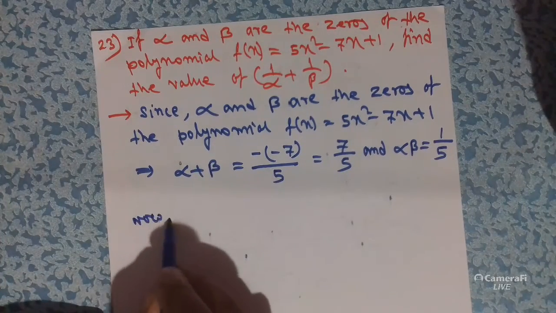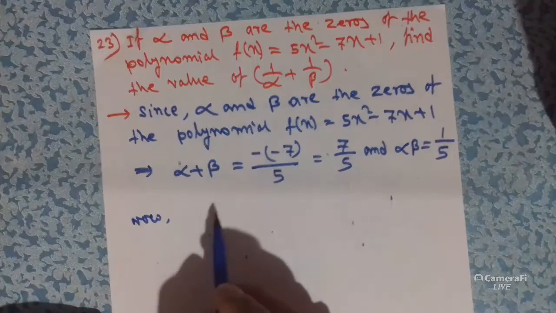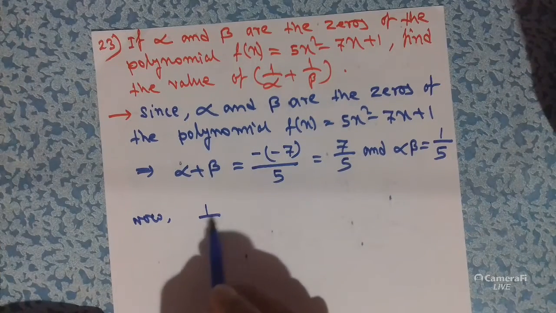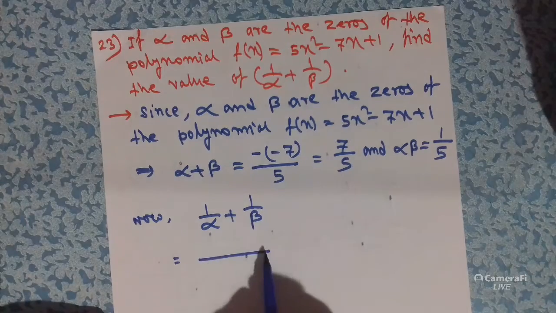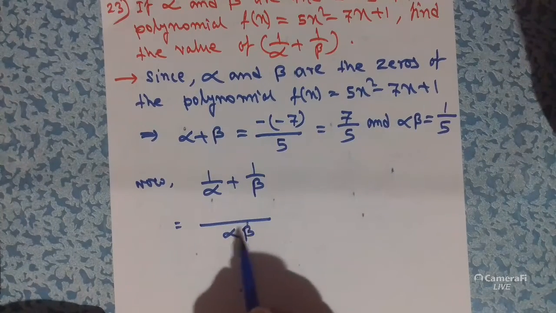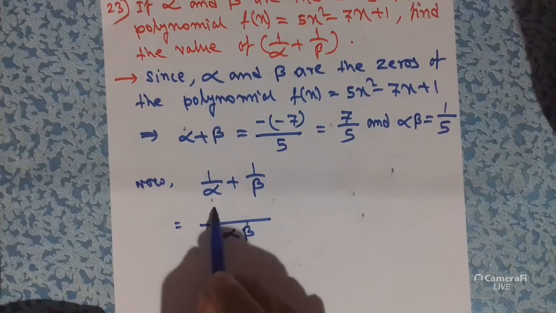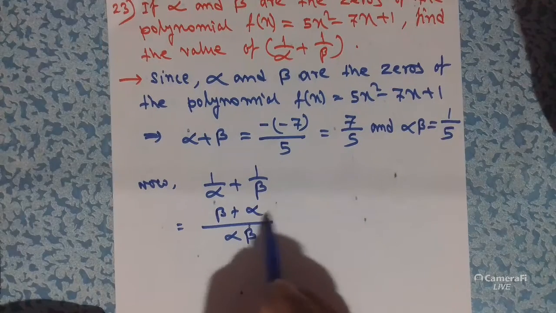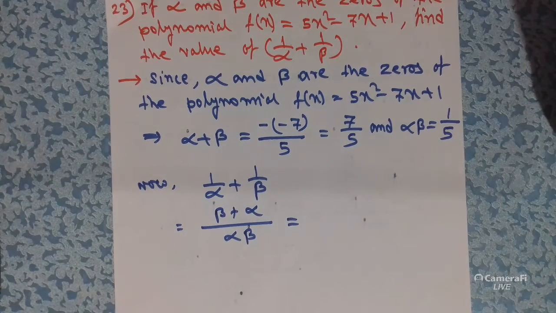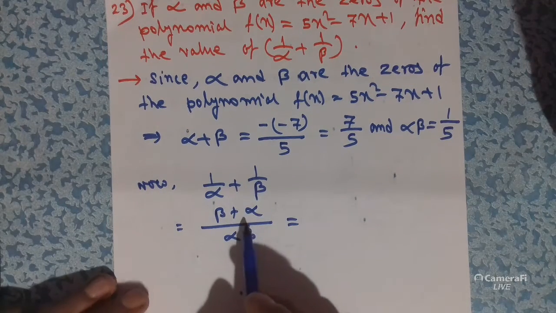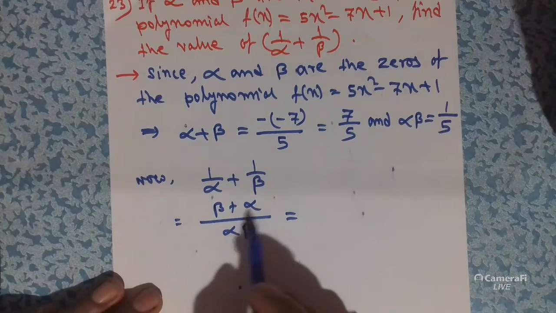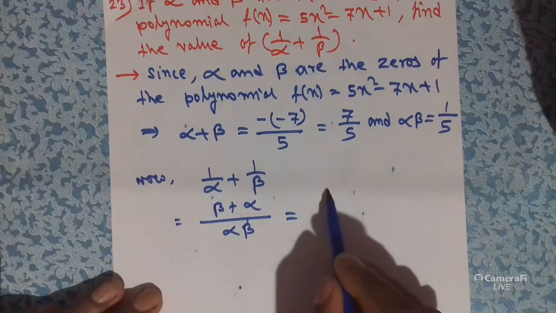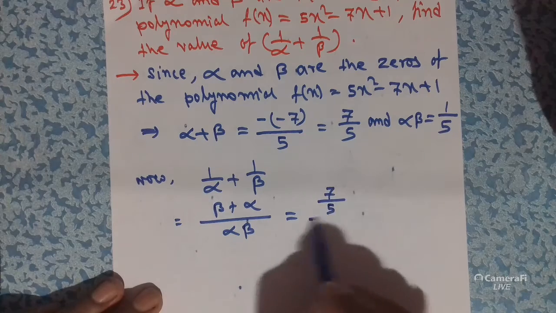Now we have to find the value of 1 by alpha plus 1 by beta. So find the LCM. So alpha is matched, so it is beta plus alpha, and beta plus alpha means alpha plus beta. The value of alpha plus beta is 7 by 5, so we write 7 by 5.